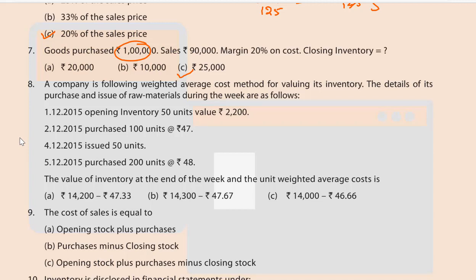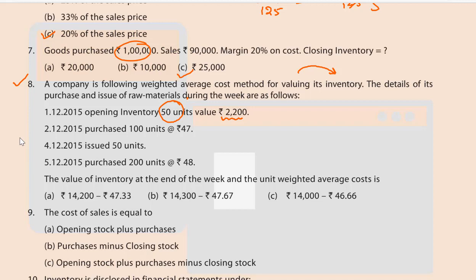Let's read question number 8. A company is following weighted average cost method for valuing its inventory. The details of its purchase and issues of raw material during the week are as follows. 1st April 2015, the opening inventory is 50 units and the value is 2200.